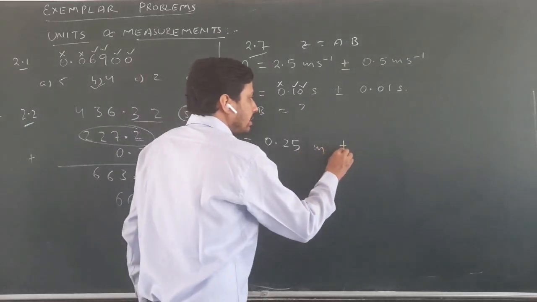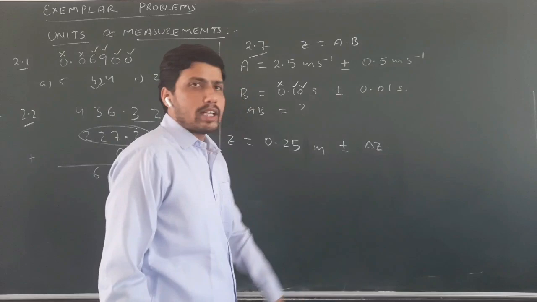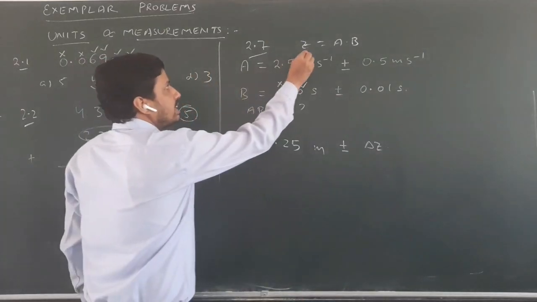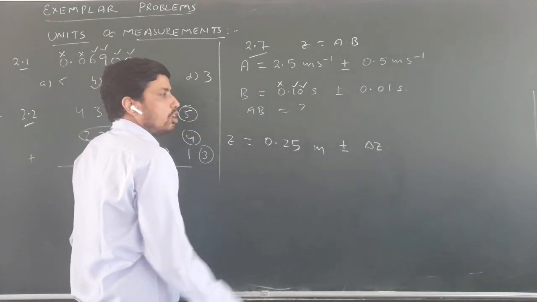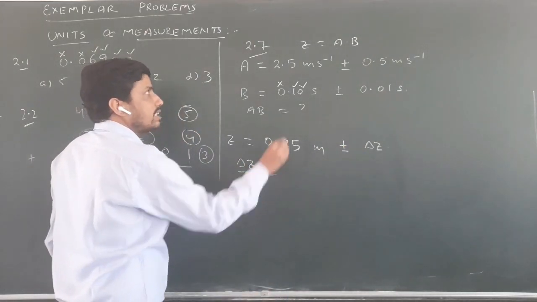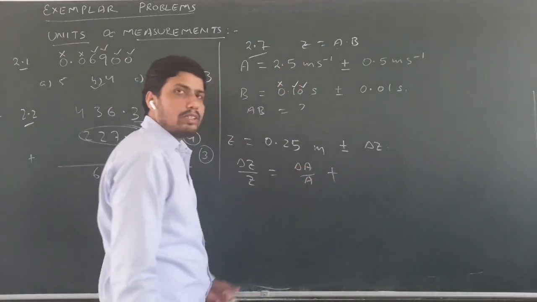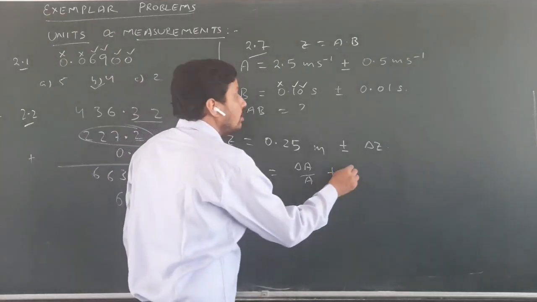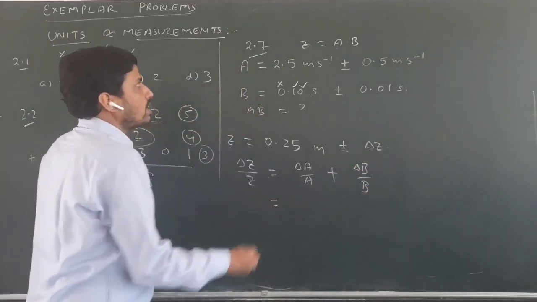Now plus and minus delta z. This we have to calculate. We have z is equal to AB, so the absolute error delta z, we have to find that. So the relative error in z, delta z by z, you know, is equal to delta A by A plus, as per the rules for error arithmetic, delta B by B. Now what is delta A?